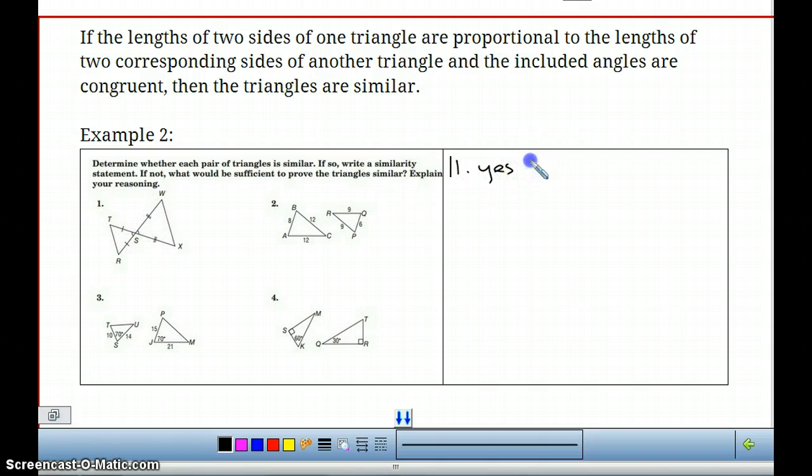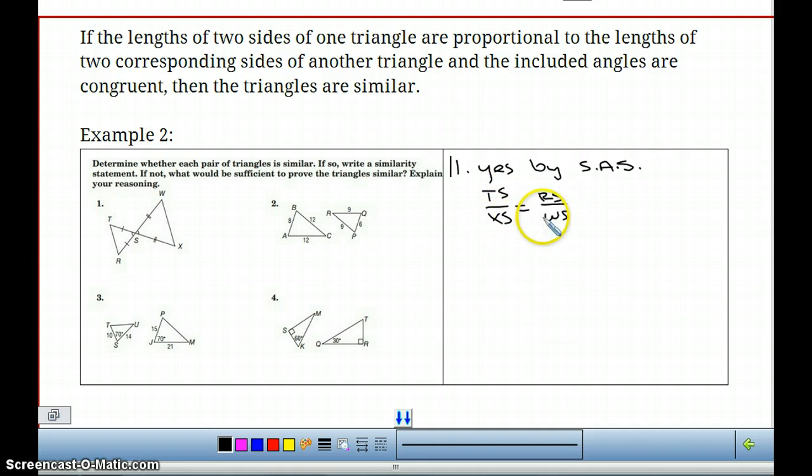As we take a look at number 1, are the two triangles similar? Yes, because we have side, angle, side. Notice that TS would be proportional to XS and RS to WS.